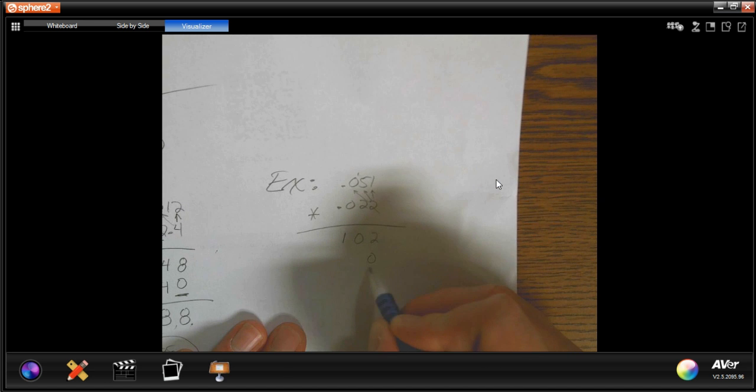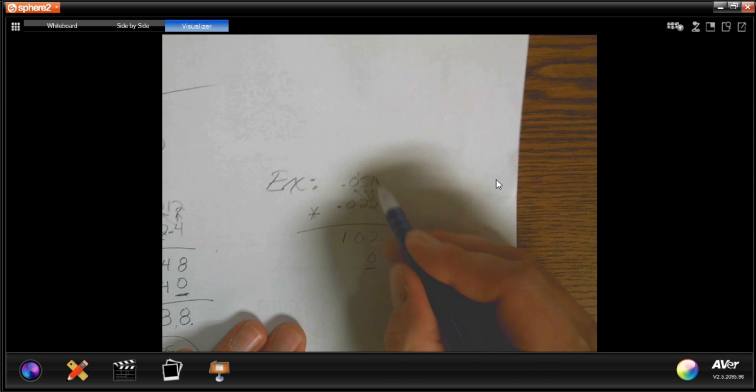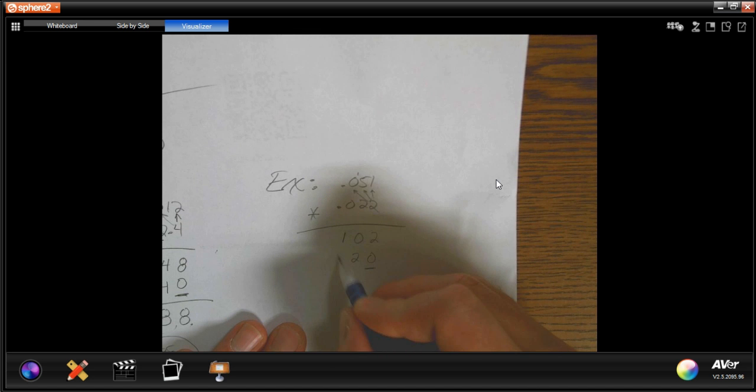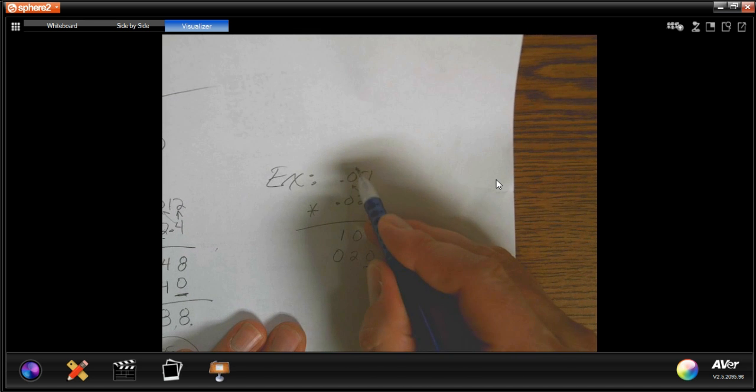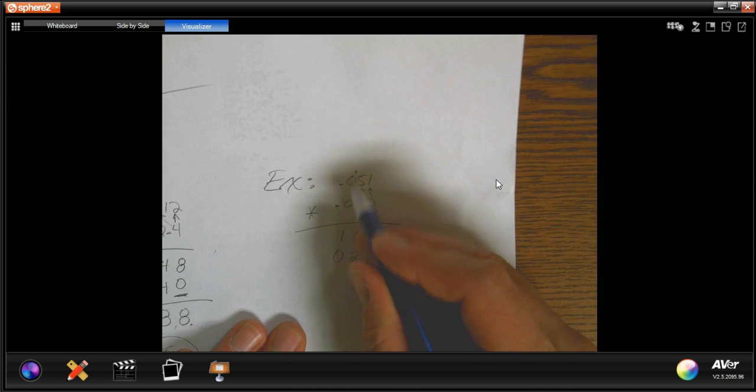We add our placeholder 0. 2 times 1 is 2. 2 times 5 is 10. We write our 0, carry the 1. 2 times 0 is 0, plus 1.